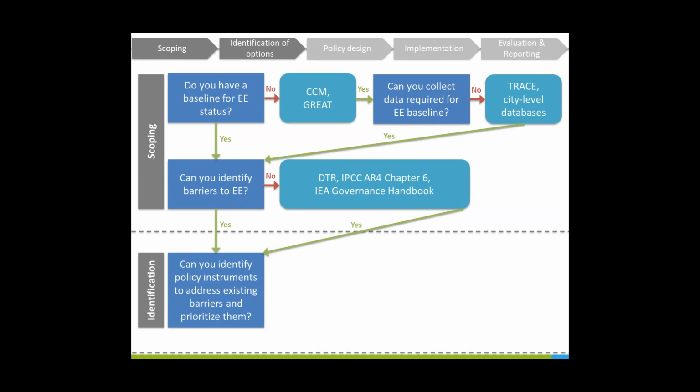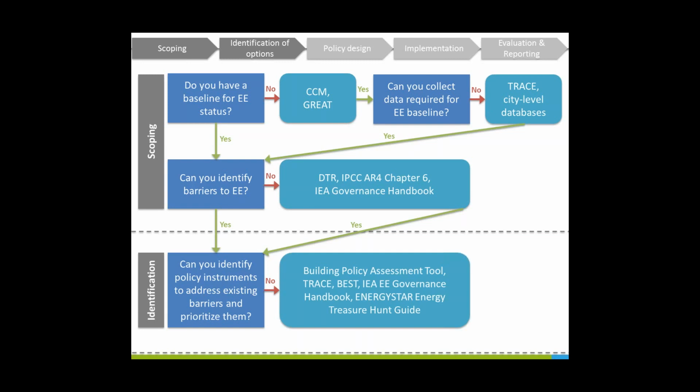The question which has to be answered here is whether it is possible to identify policy instruments to address existing barriers and prioritize them. If it is not a very easy process, a number of tools can be helpful in this.